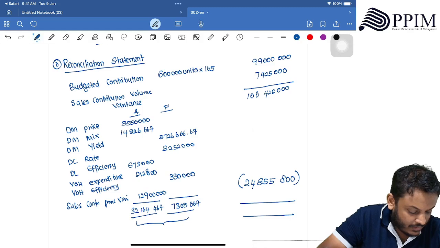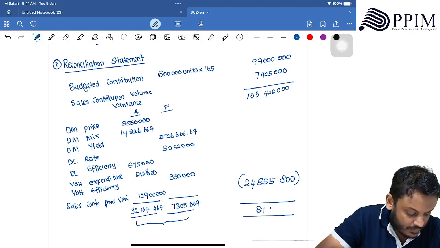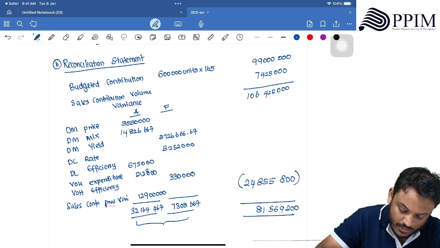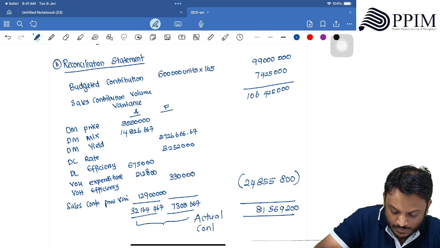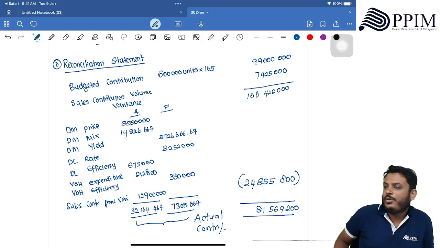And finally 81,569,200. This we call actual contribution. So standard to actual.